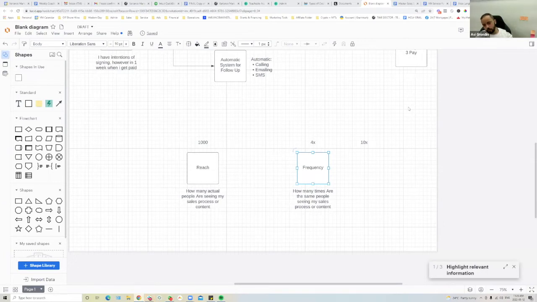Like, why are they doing that? It's because of this, right? It's the frequency concept, that the more touch points you have with a person, regardless of if they take action now or later or in 2 weeks or in 3 months, it doesn't matter when they take action. The frequency at which that person has seen your offer is ultimately the indicator of how successful your sales process is, right?